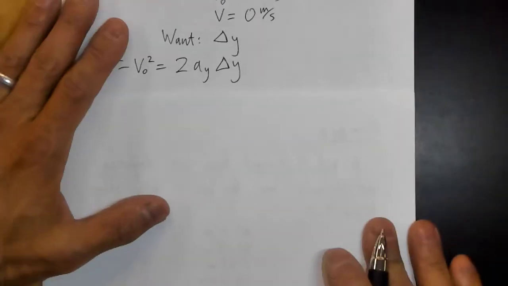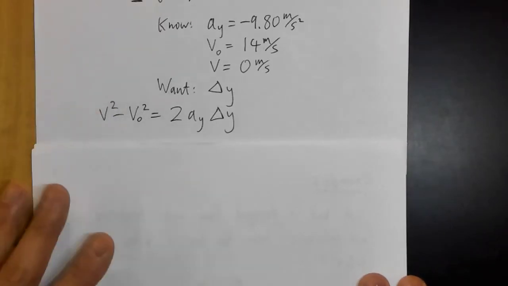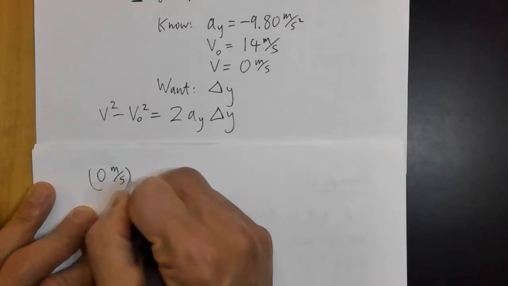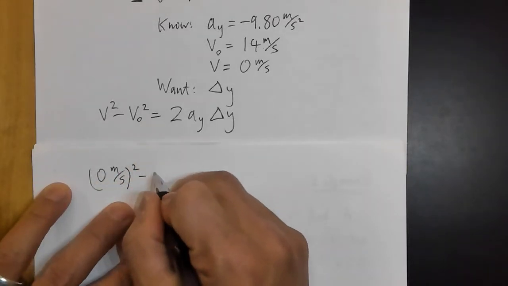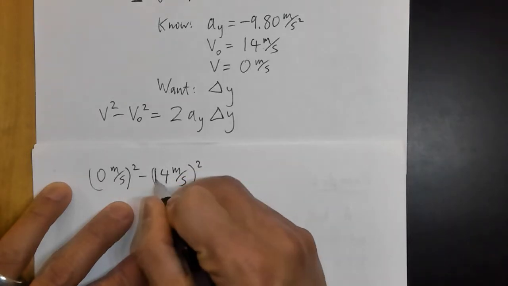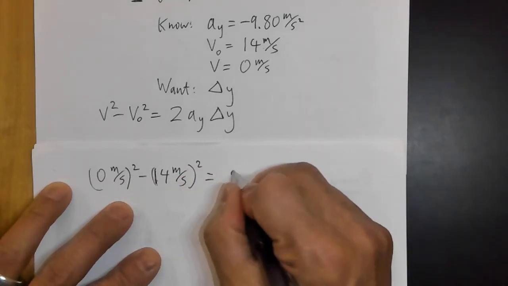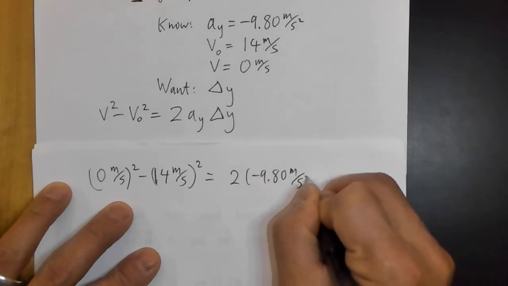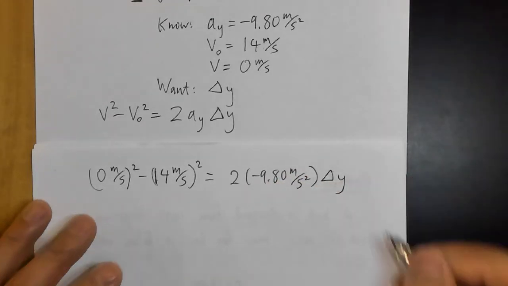So we're going to plug in the values. We have v is 0 minus v0 squared, so we have 14 meters per second squared. And this is equal to 2 times ay, which is negative 9.8 meters per second squared, times delta y.